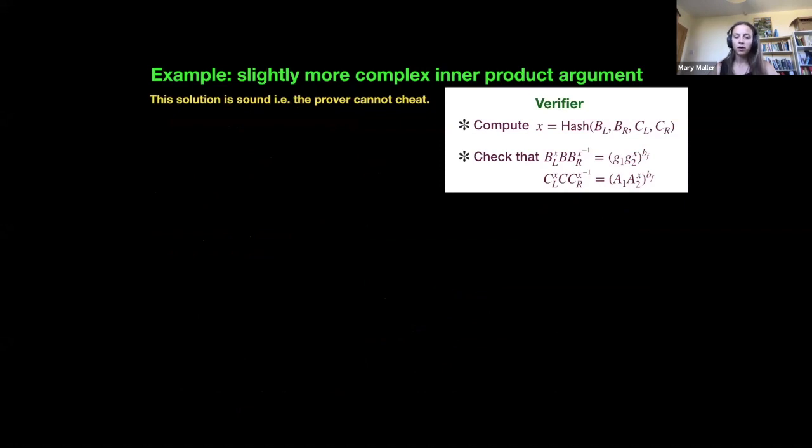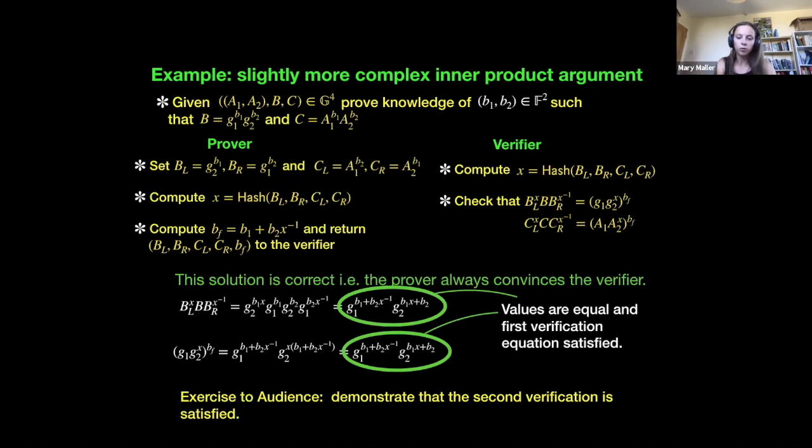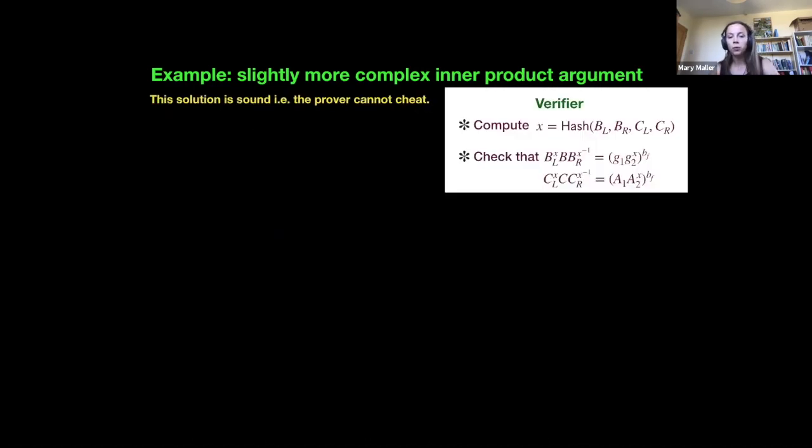So for this, we don't actually need to worry about what our prover looks like. I can go back and you can see the prover again, but the prover is malicious here, so we can't make any assumptions on what they're doing when we're trying to demonstrate soundness. All we know is that the verifier, no matter what, is going to check these equations and is going to reject if it's not satisfied and accept if it is.